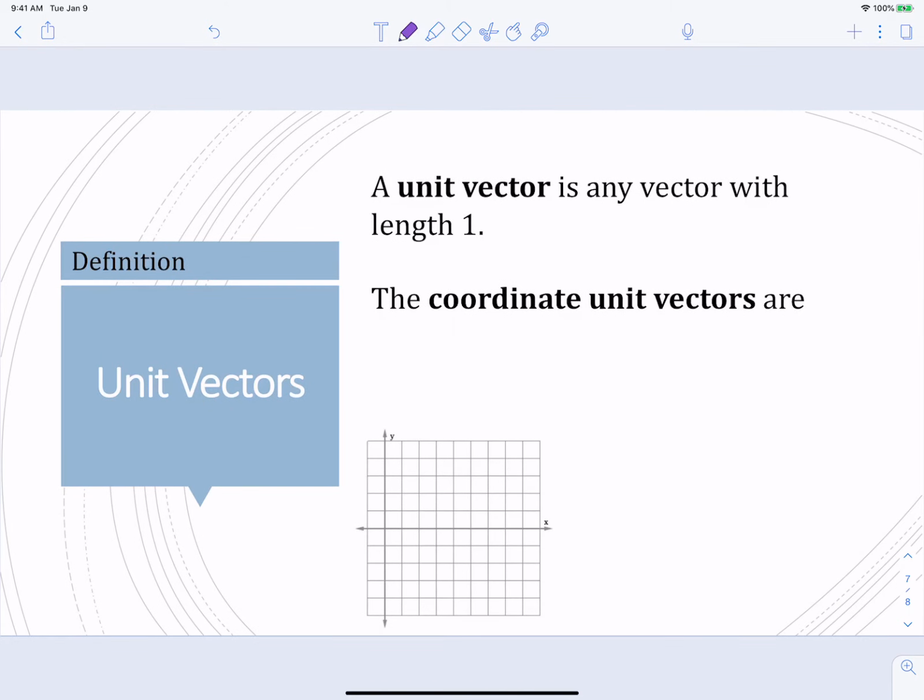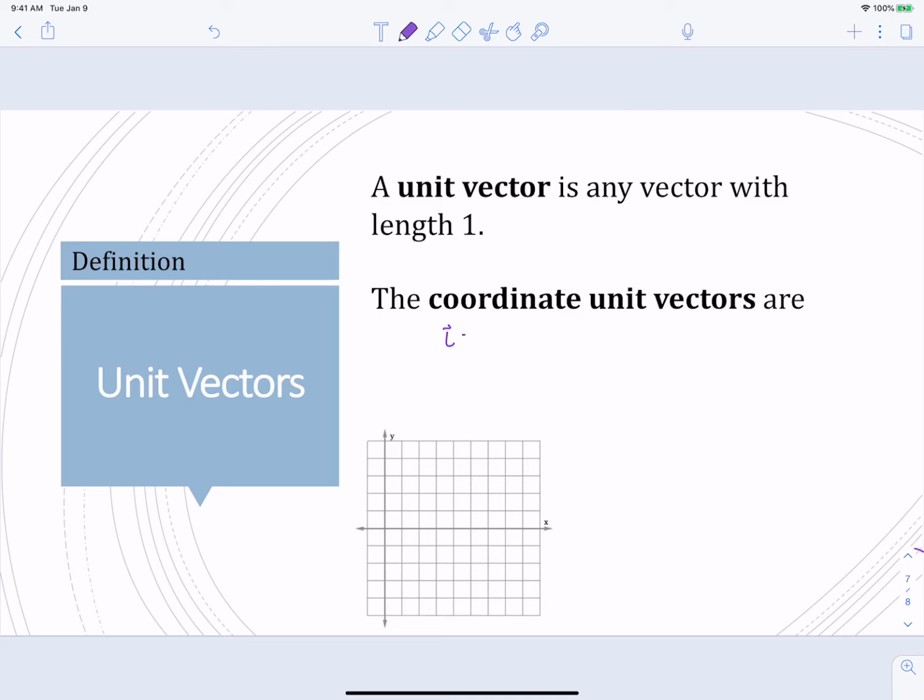All right, unit vectors, we're getting close. It's kind of nice down here at the bottom, it tells us where we are. So a unit vector is any vector of length 1. Vectors of length 1 are really nice because their length is 1. We don't get weird answers like square root of 20. So we have two coordinate unit vectors.